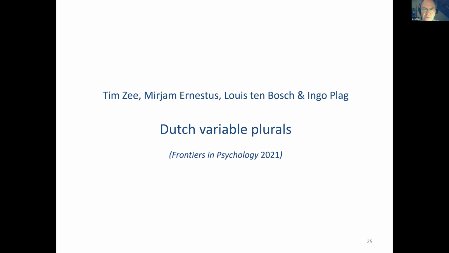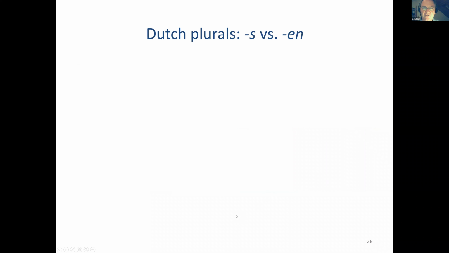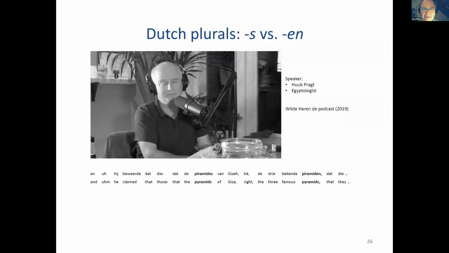Okay, let's move on to the 3rd study of paradigmatic effects, and that's on Dutch variable plurals. So Dutch has 2 plurals, the S and the EN plural, and sometimes these are variable. Here you see an Egyptologist who talks about pyramids, as you can see below the picture.